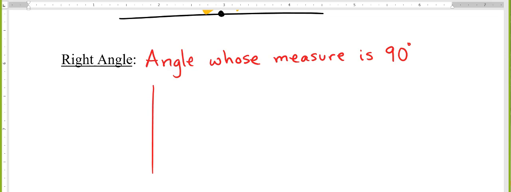So it would look like that. Usually, when we denote that an angle is a right angle, we use this little bitty square down here in the angle position. That denotes that it's a right angle. And what is the angle measure of a right angle? 90 degrees. 90 degrees, good.